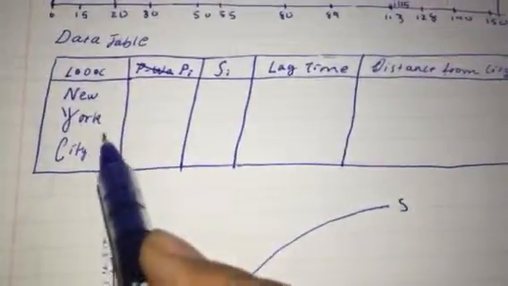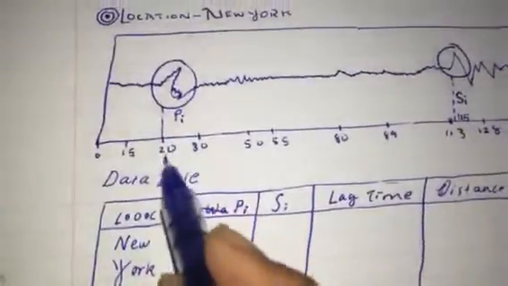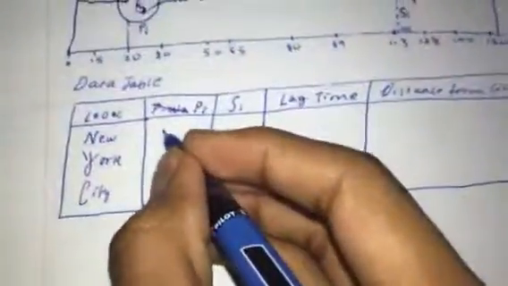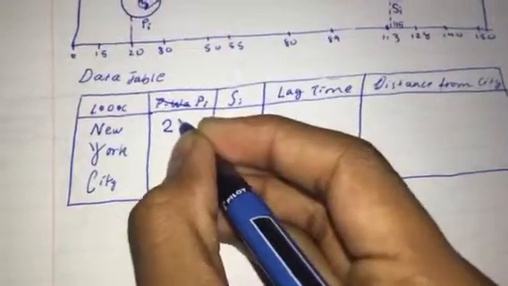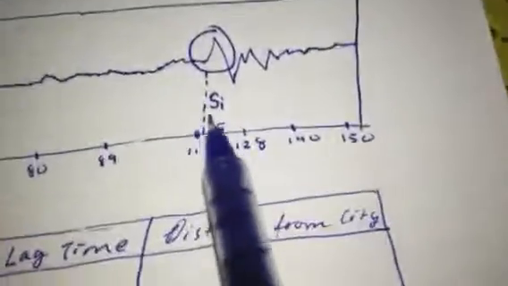Our location is New York City. The P initial we've already marked is right about 20 seconds, so let's write that down. The S initial, we've marked that as well. It's about 115 seconds.